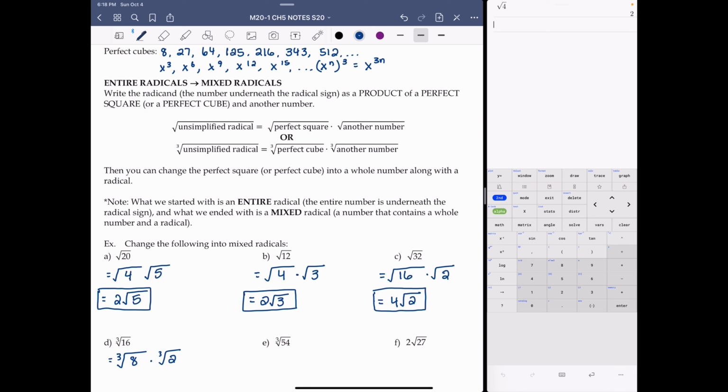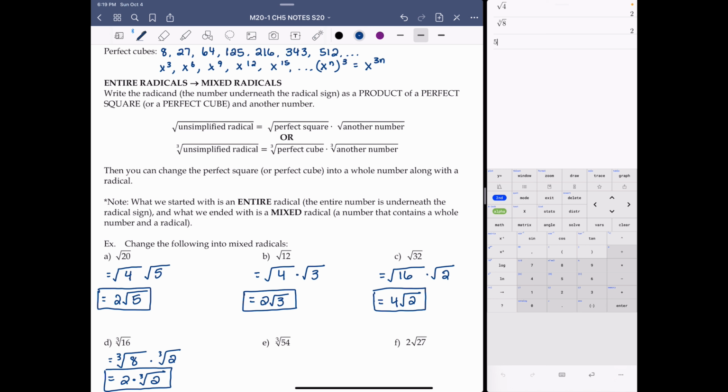We can take the cube root of 8, math, number 4, and that gives us 2. So we get 2 times the cube root of 2. You've got to remember the little 3 for cube root.